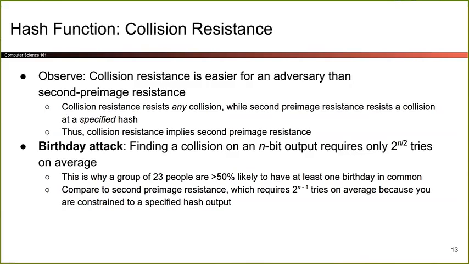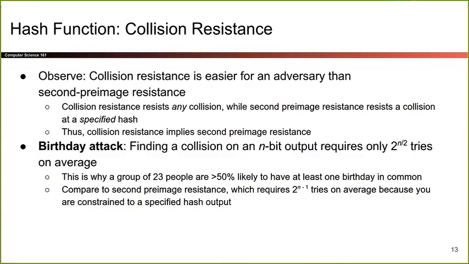If I can't even find any output that collides, then there's no way that if you tell me to find one right here, I'm going to find it. If you don't even tell me where to find the collision, I can't find any collision anywhere. Then if you told me to find one at a specific location, I can't do that either. So by definition, if it's collision resistant, it's also second pre-image resistant.